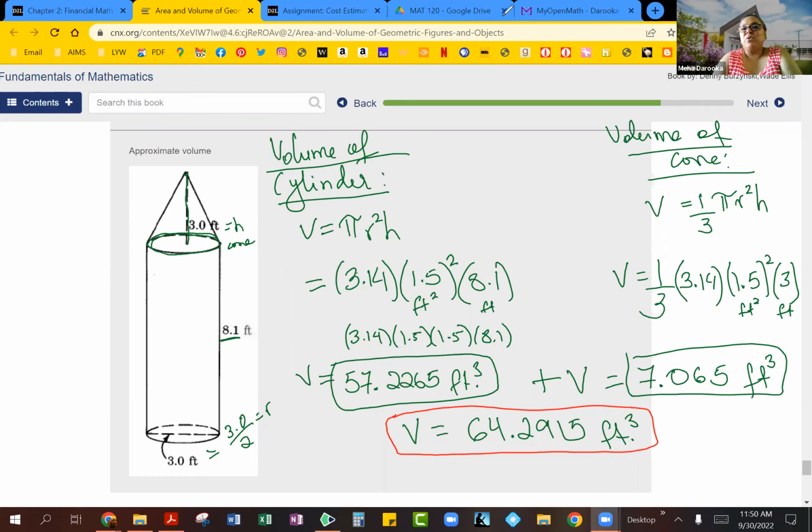Obviously it's a pretty tall structure, so if you were trying to fill this up with something, say this were a silo, which has more of a hemisphere on the top instead of a cone, and you were filling it with grain, what quantity would it take, which is what the volume would tell us. But if we knew the value, we could calculate a dollar amount for that. So that's what we're going to be doing next.